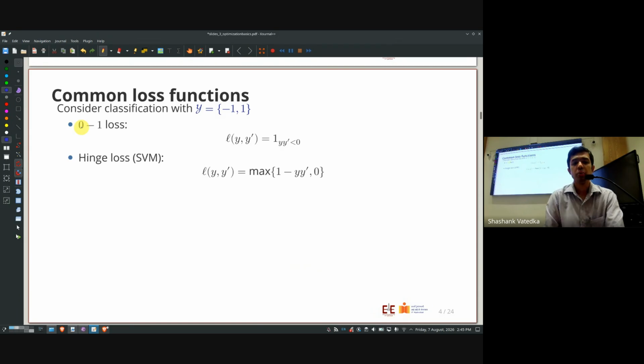So you really want to minimize the 0-1 loss, but instead you perhaps replace it with the hinge loss, which you would have already seen if you've seen support vector machines. So in your machine learning course, if you go back to your notes, you'll have seen that the SVM is obtained by training or solving empirical risk minimization over this particular hinge loss. And this hinge loss is taken as a proxy for the 0-1 loss.